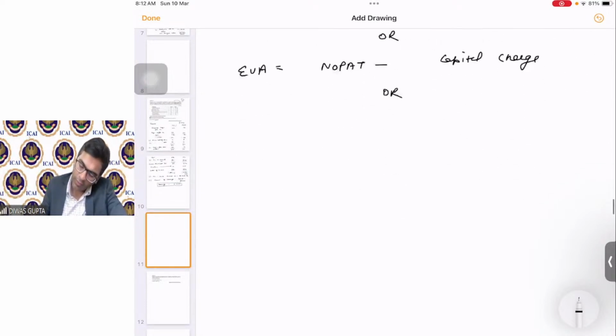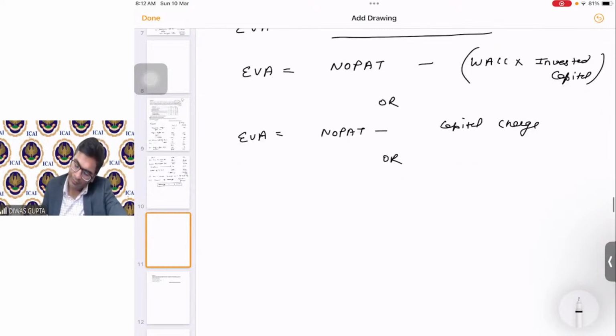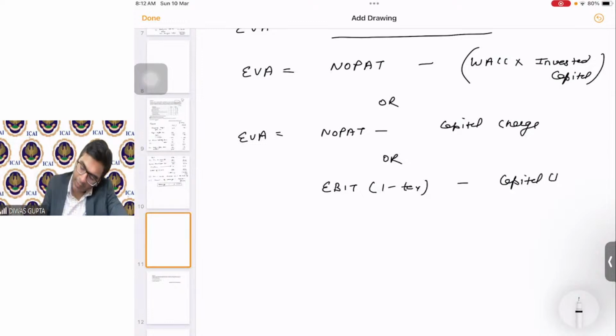Or we also take it as EBIT into (1 minus tax) minus capital charge.